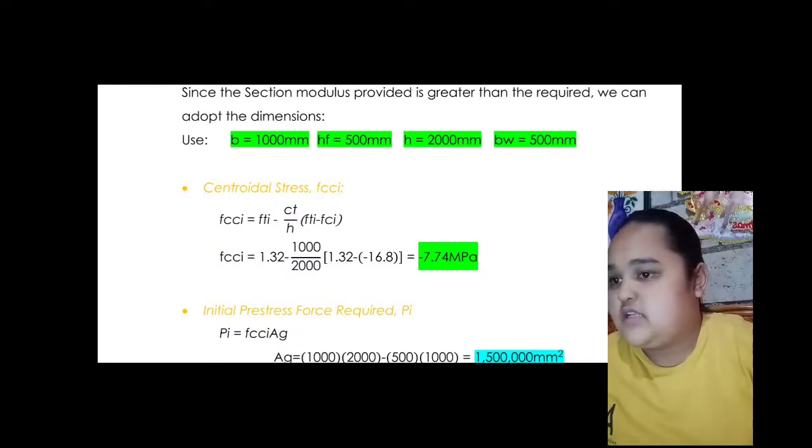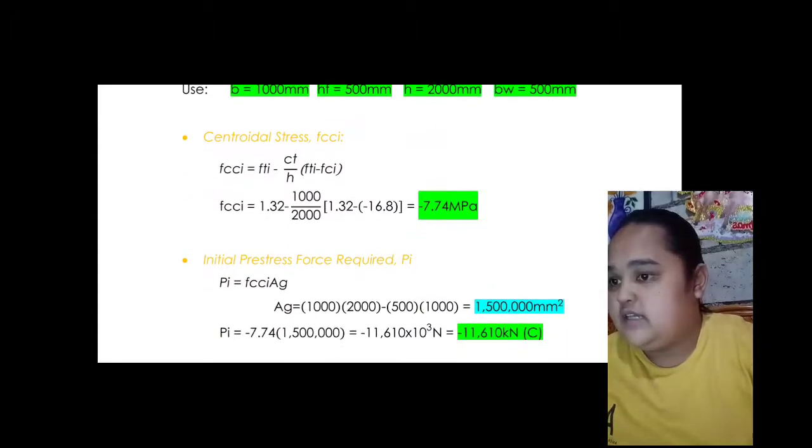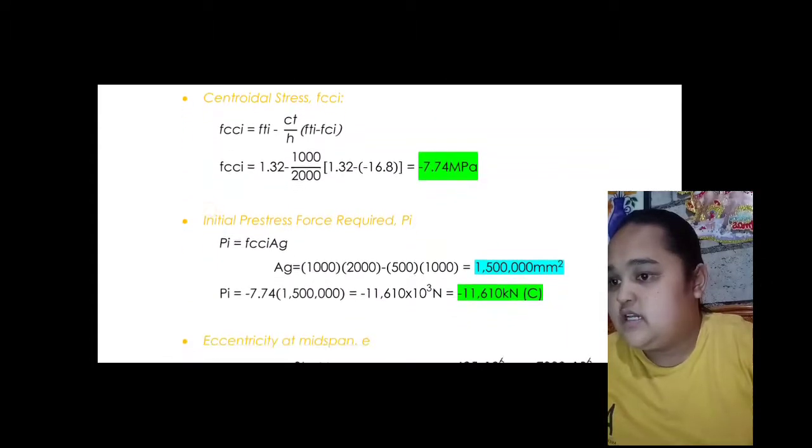Let's compute the centroid of the stress, which is FCCI. FCCI is FTI minus CT over H times (FTI minus FCI): 1.32 minus 1,000 over 2,000 times (1.32 minus 16.8), which is equal to negative 7.74 MPa.